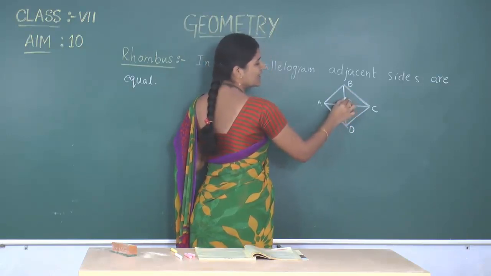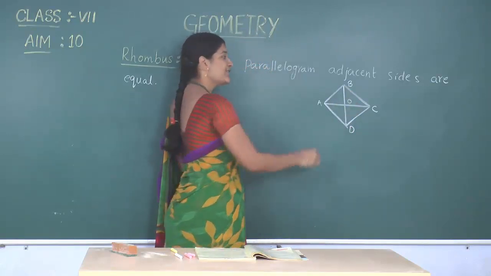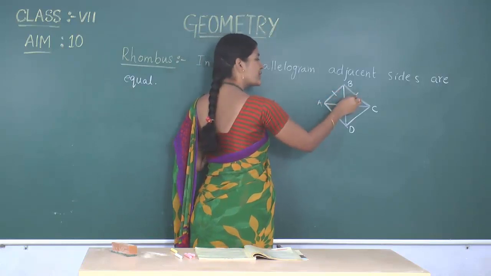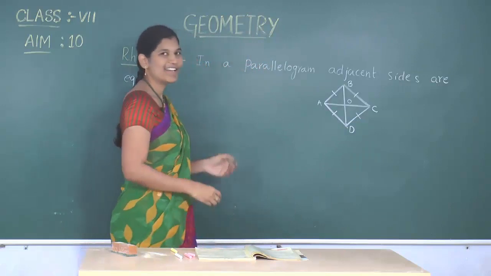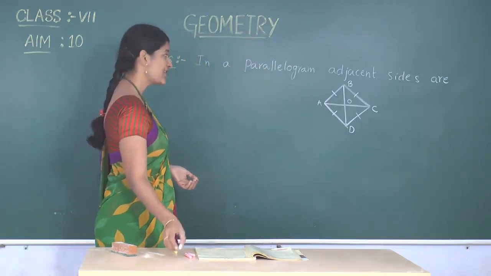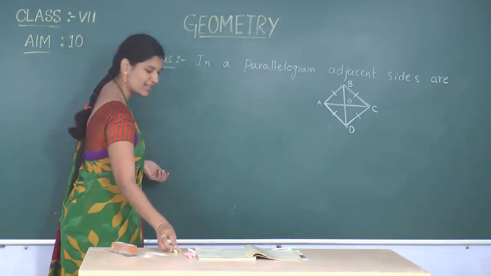They are intersecting at point O. And the first important property of rhombus is, in rhombus all sides are equal.